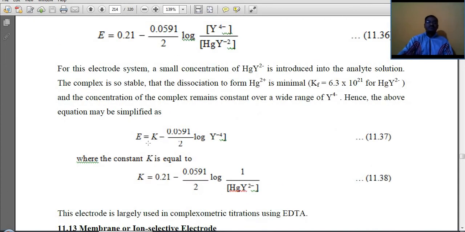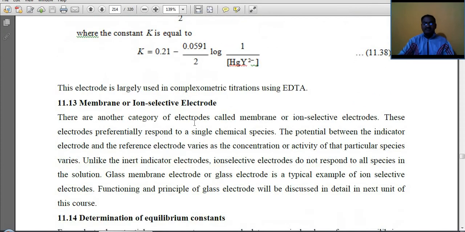For this electrode system, a small concentration of HgY2 minus is introduced into the analyte solution. The complex is so stable that its dissociation to form Hg2+ is minimal, and the concentration of the complex remains constant over a wide range of Y4 minus. Hence the above equation may be simplified as shown. This is the electrode largely used in complexometric titrations using EDTA.